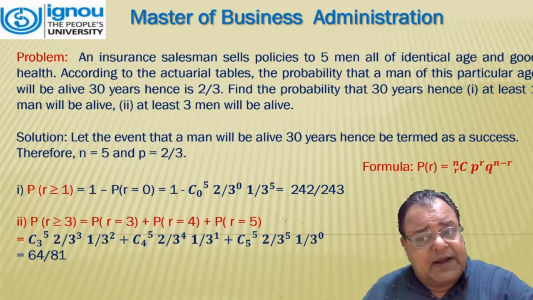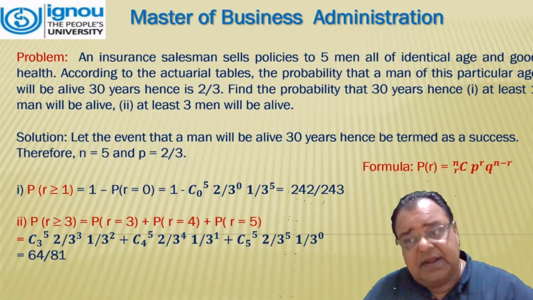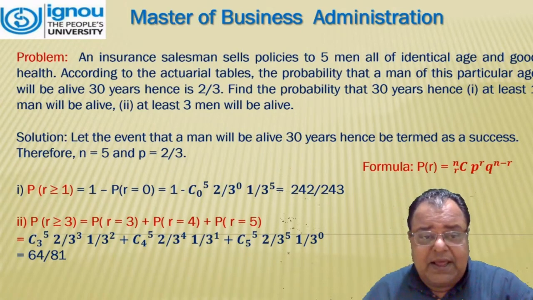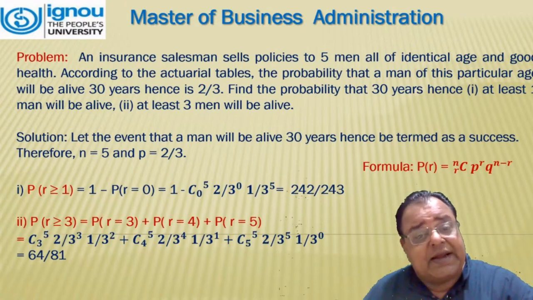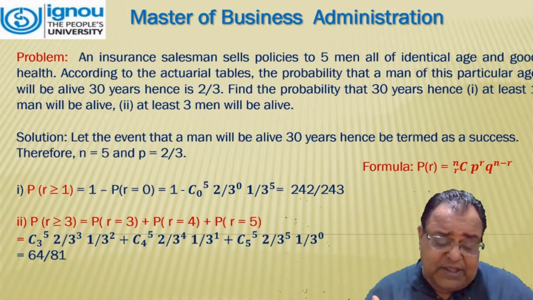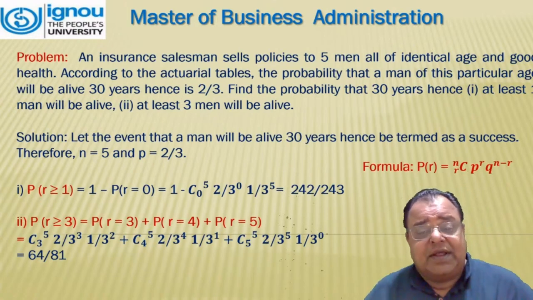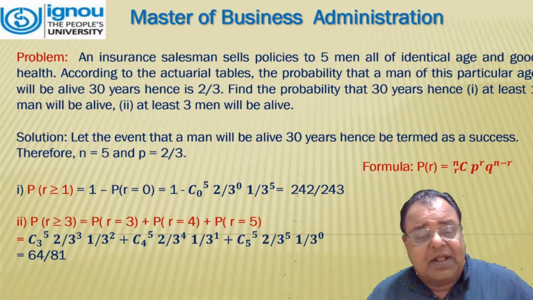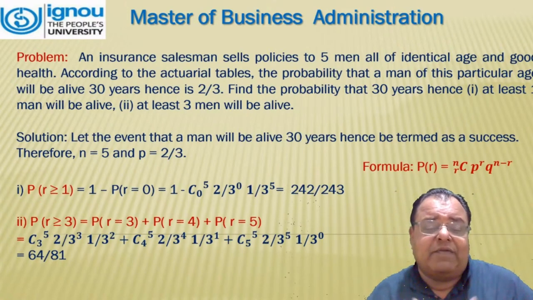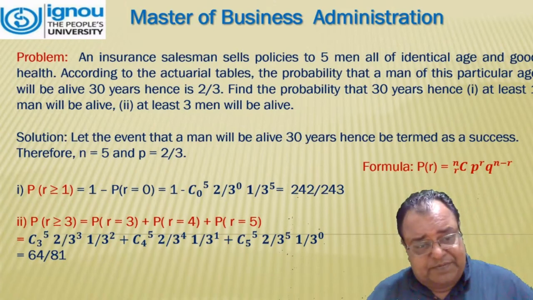Find the probability that 30 years hence, number one, at least one man will be alive, and number two, at least three men will be alive. Now here is the information given to us.